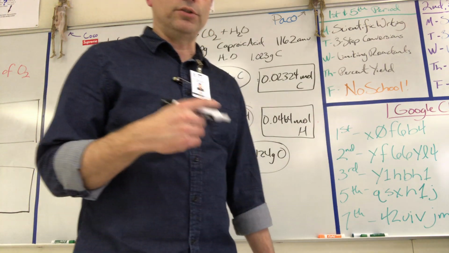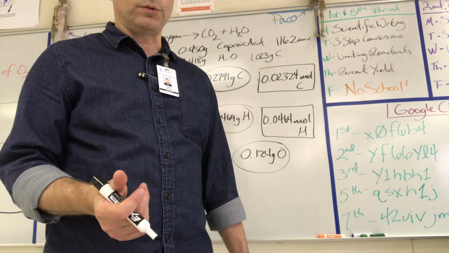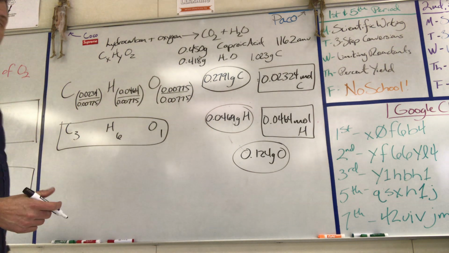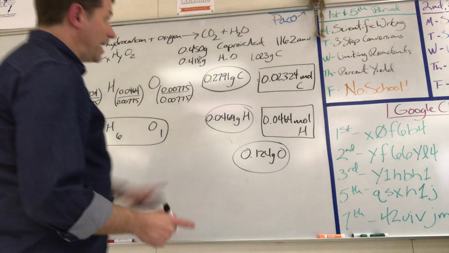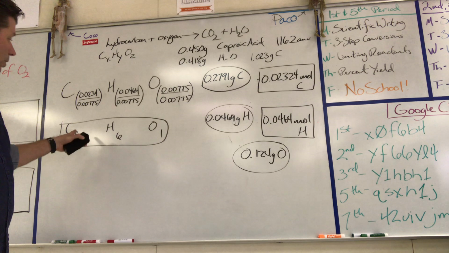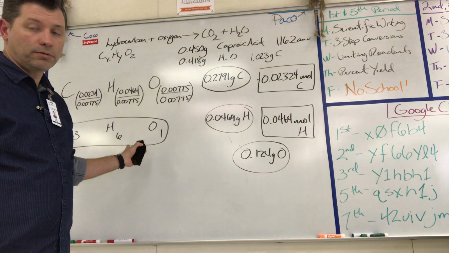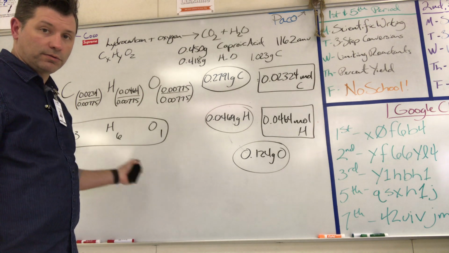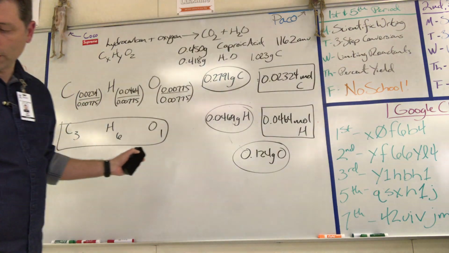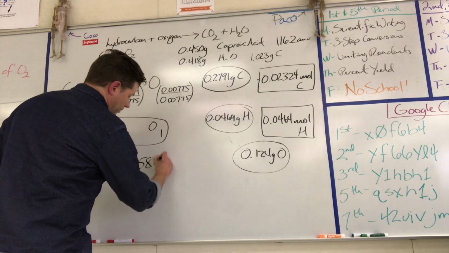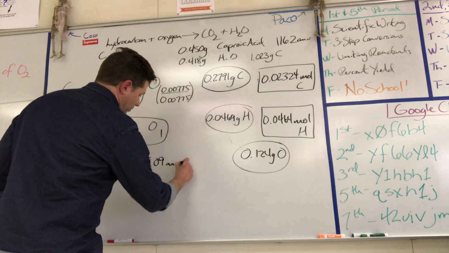Now, I also asked you to come up with the molecular formula as well. So for the molecular formula, you're going to take that information up here to help you out. If you were calculating the molecular mass of this, you would come up with 58.09 AMUs.